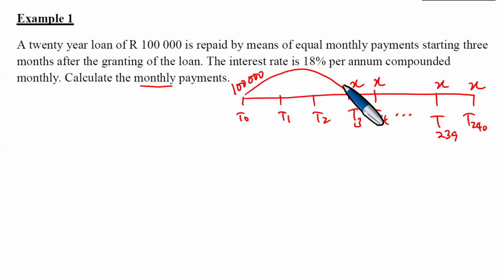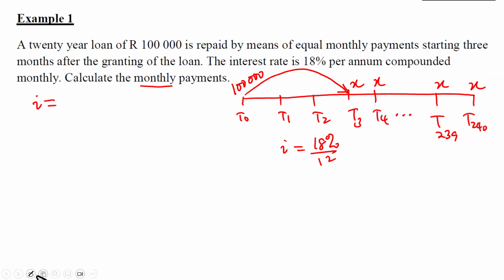In the case of deferred annuities, it's an annuity, but it's delayed, because the payment can only start after 3 months. The interest rate, i, is 18% per annum, but is compounded monthly.